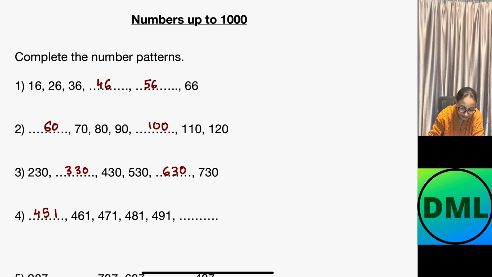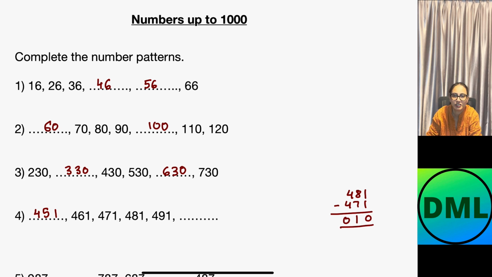After 491, can you see the gap here? What is the gap? This is 471. This is 481. If you find out the difference here, 481 minus 471, if we do the subtraction, 1 minus 1 is 0. 8 minus 7 is 1. 4 minus 4 is 0. My number is 10.